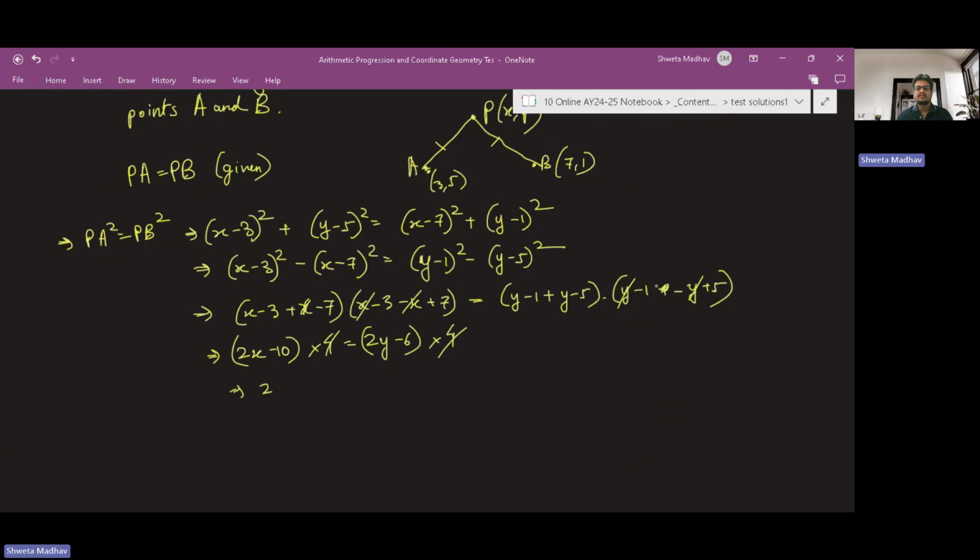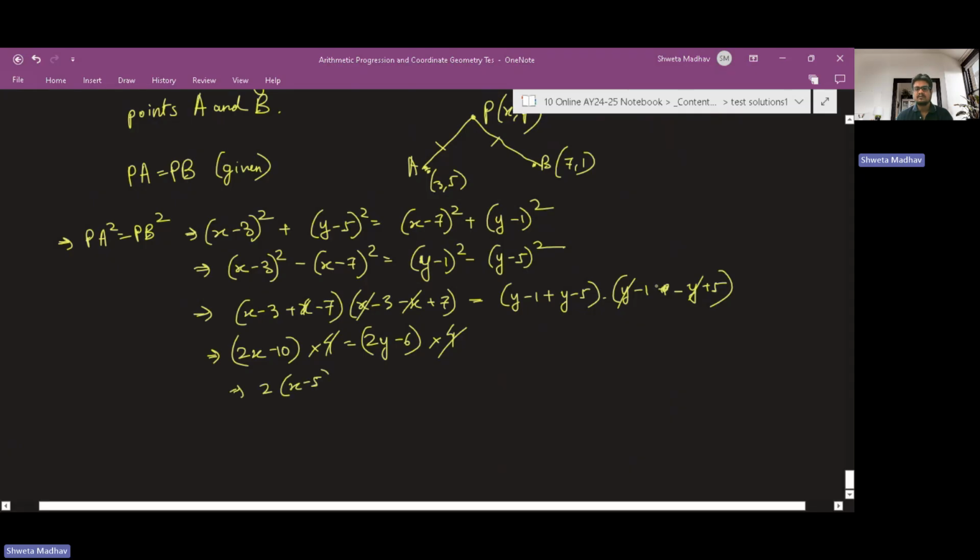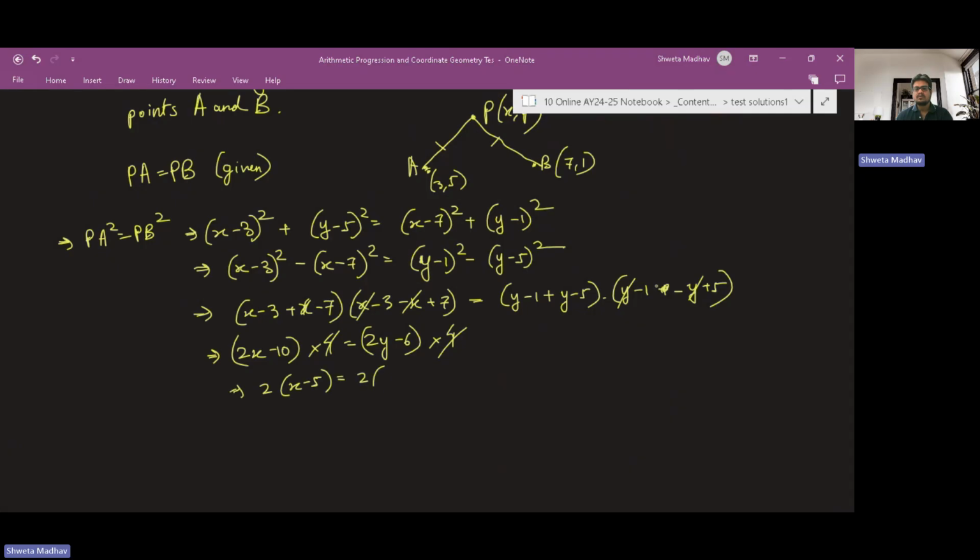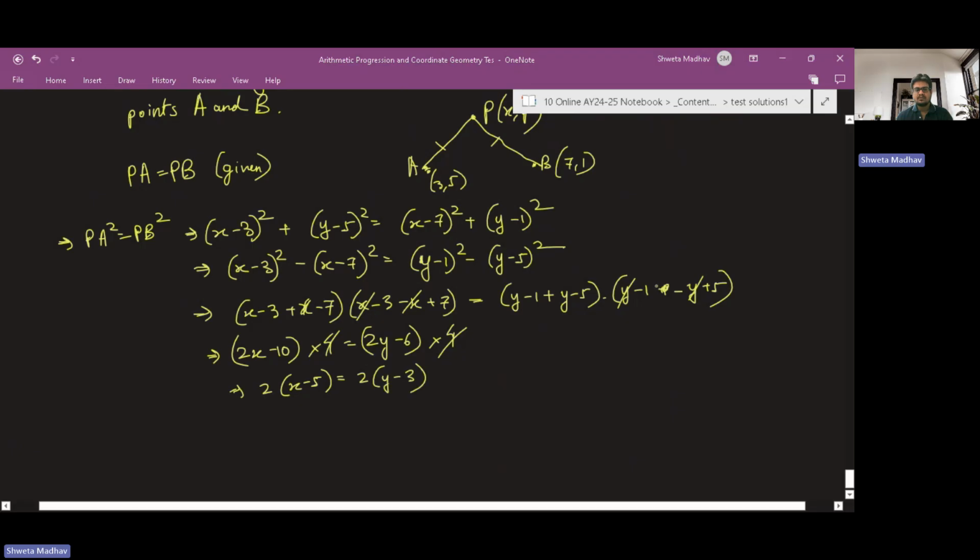From here, 2 I can take as common, so 2 into (x minus 5) is equal to 2 into (y minus 3). 2 and 2 also will get cancelled. So I will get x minus 5 is equal to y minus 3, so x is equal to y plus 5 minus 3. That is, x is equal to y plus 2.